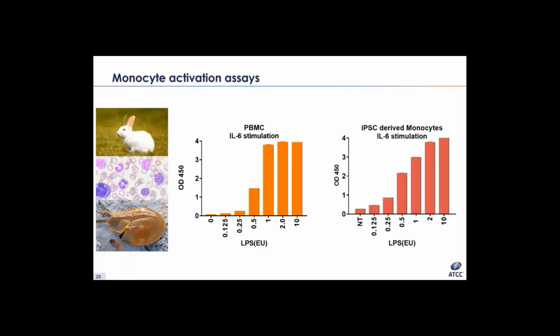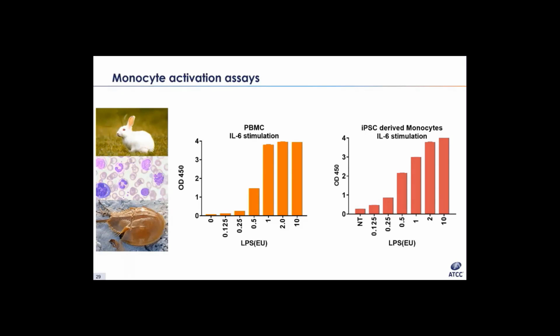So we hypothesized at ATCC that since human monocytes from mixed blood are used in the MAT assay, our human iPSC-derived monocytes could be used for conducting the test. And I'll show you that right here.